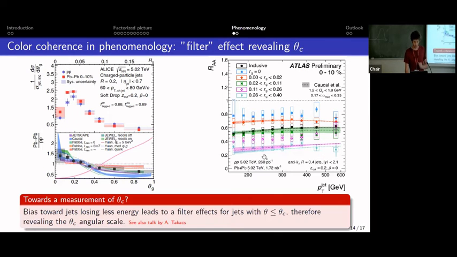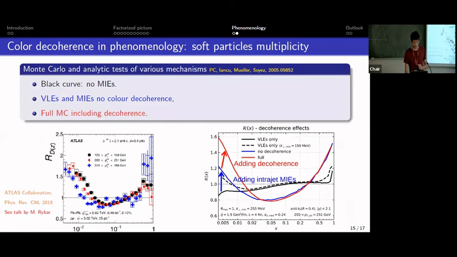So this is basically what I have explained. There is also a phenomenological implication of the color decoherence, these anti-angular-ordered emissions along the cascades. Very briefly, if you again look at the fragmentation function, we expect an increase of soft radiation inside the jets from decoherent soft gluon radiation emitted outside the medium.